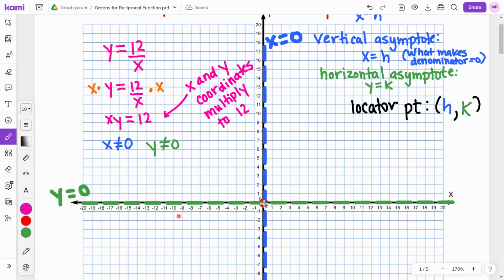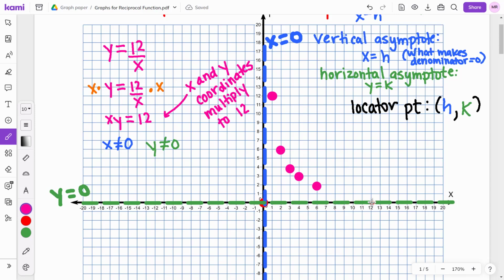I'm going to be going to 1 times 12, 2 times 6, 3 times 4, 4 times 3. 5 is not going to be times by a nice number, so I'm only going to do the ones that are going to be nice integers. 6 times 2, 7, I'm going to skip, 8, 9, 10, 11.